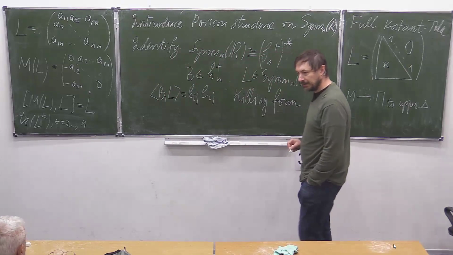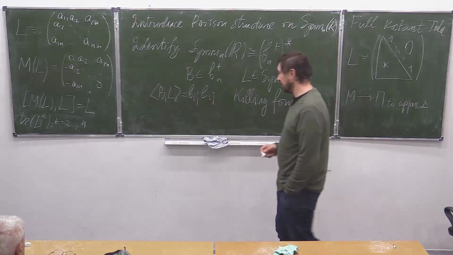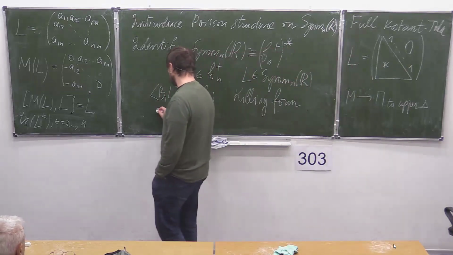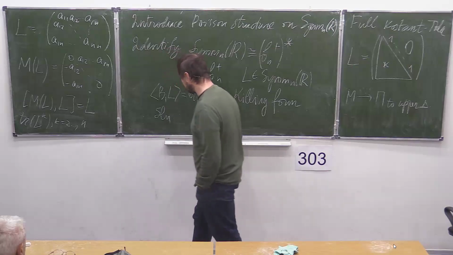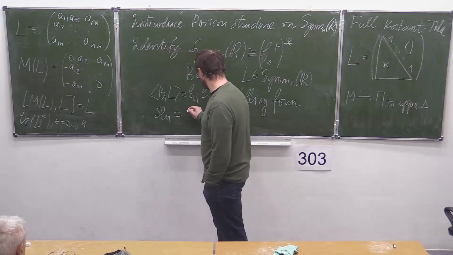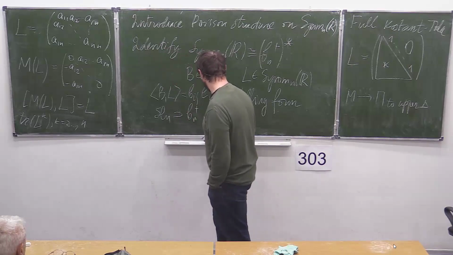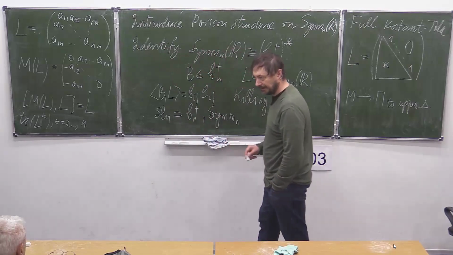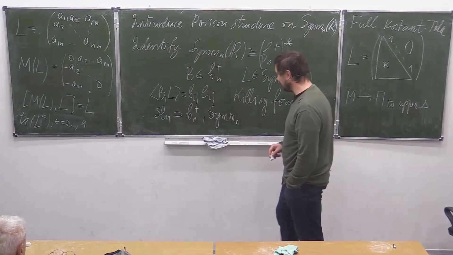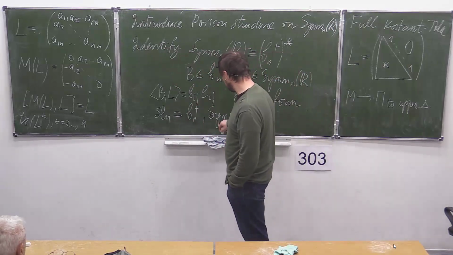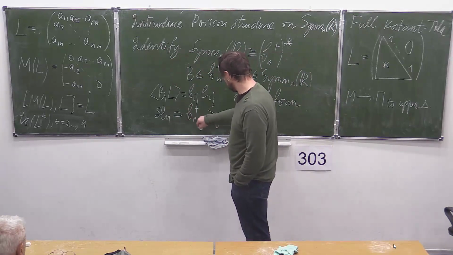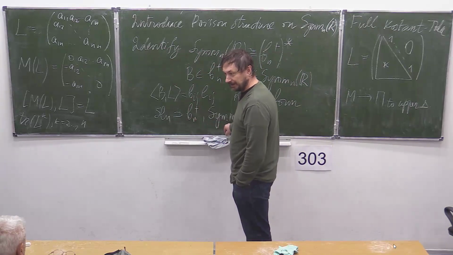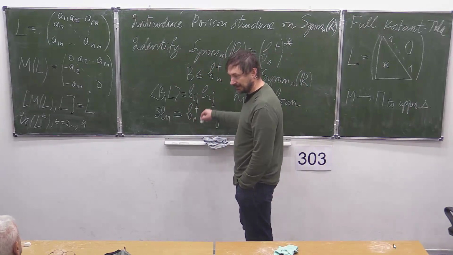The Killing form on sl_n, where both b plus and symmetric matrices sit, right? Both sit there. And when you restrict this pairing to these two subspaces, it's non-degenerate, and the dimensions are the same, so you can identify one with the other using this pairing.